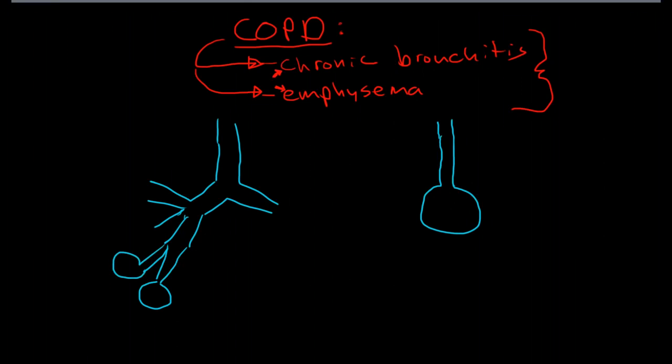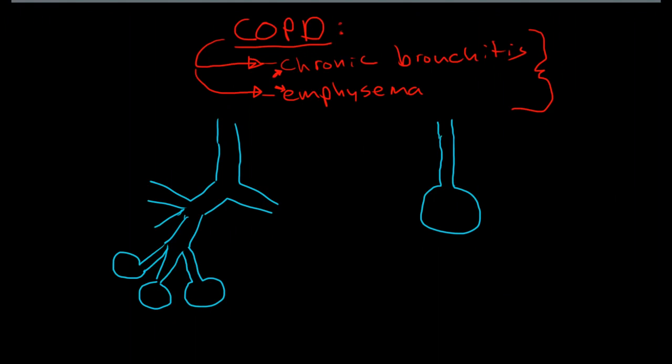Now here, let me open one up, and we'll put another alveoli here. Obviously this is just a very rough diagram of the respiratory system. This obviously isn't an anatomically correct map.